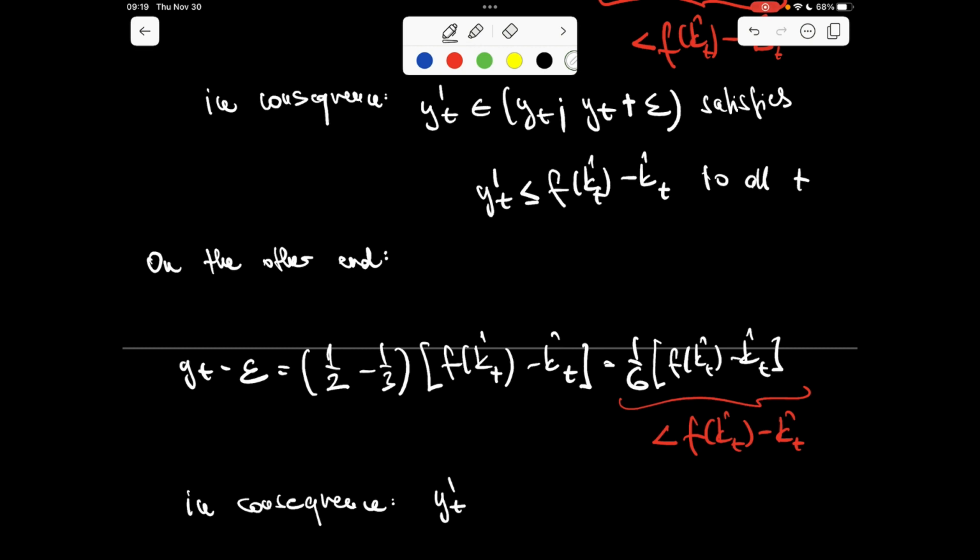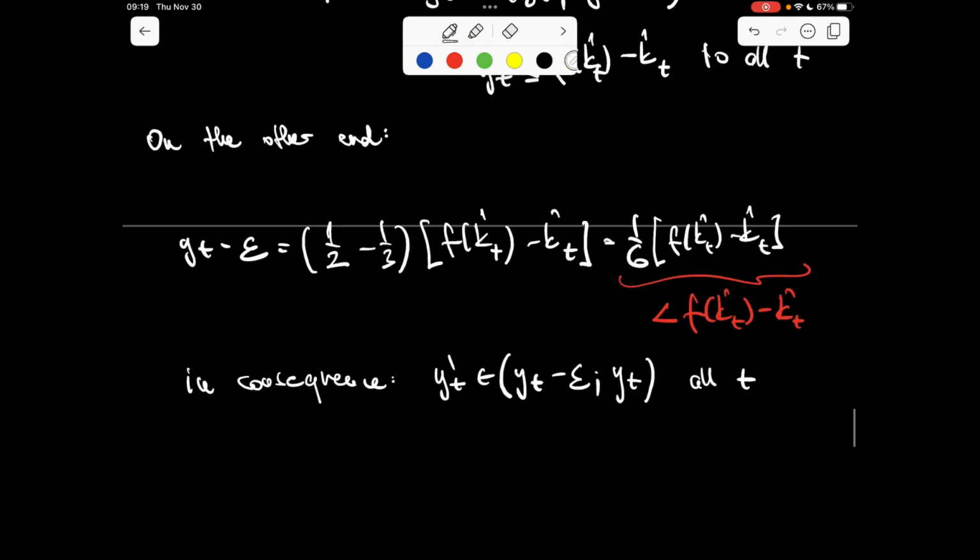So in consequence, any production path in this range satisfies that inequality on the basis of which we define the production set.